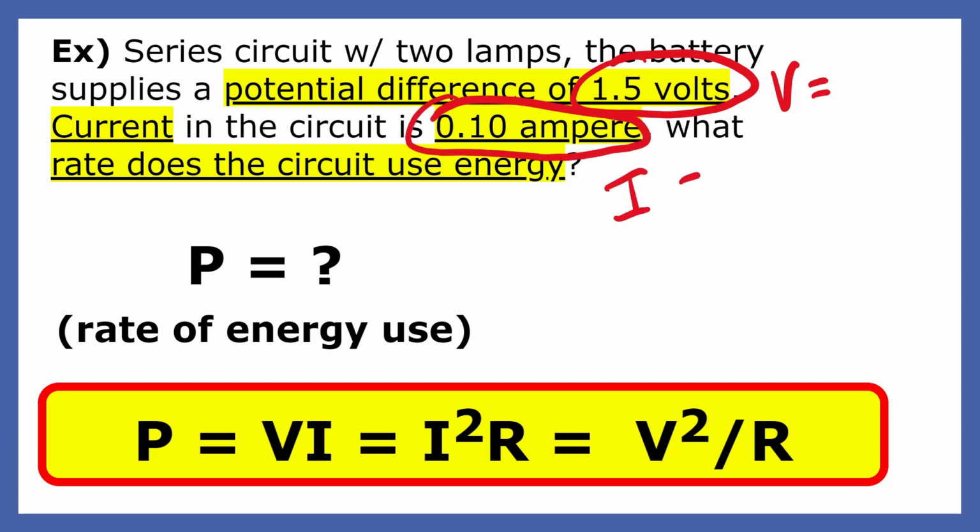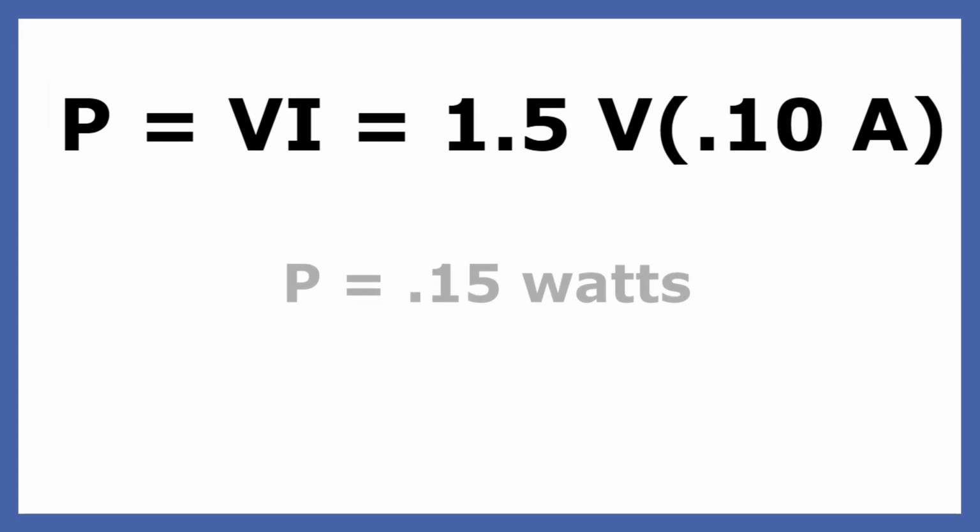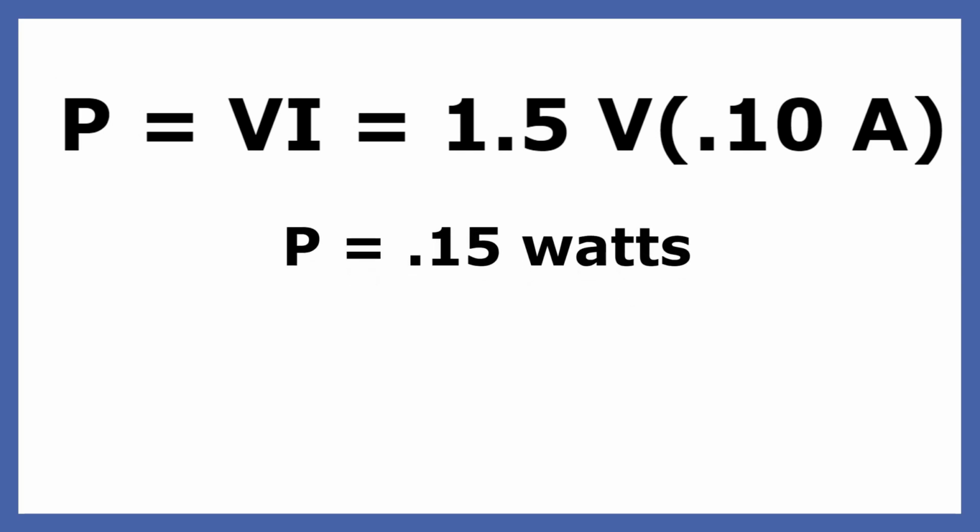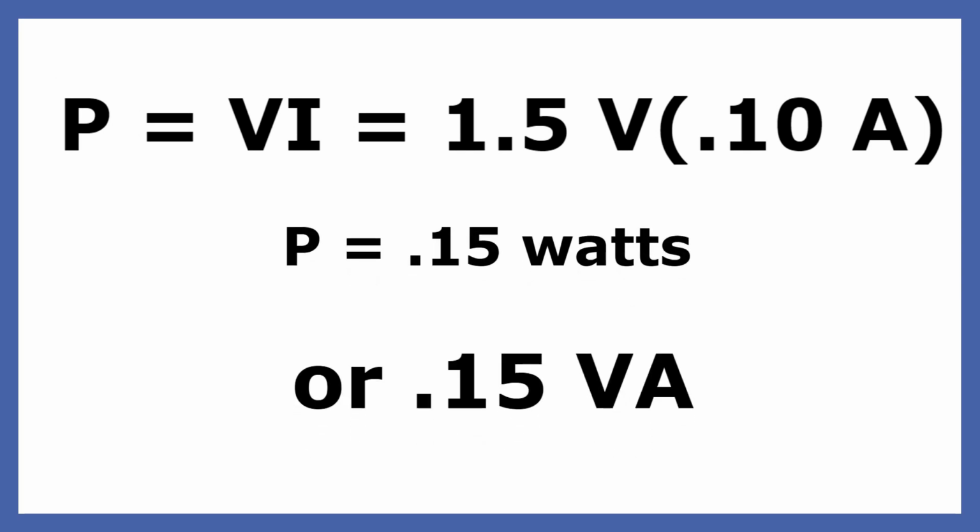Since that is the definition of power, we're going to need to find an equation with the two variables mentioned in this problem, voltage and current. The equation that will help us find power is the first one, P equals VI. Plugging in the data given, we get the answer 0.15 watts, or if you forget the unit for power, you can write 0.15 volt amps.